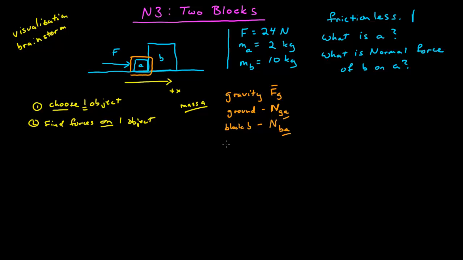I also have this pushing force that I call F; these are vectors, of course. What kind of force is that? Well, it's just a contact force like anything else. This is the sort of thing that shows up often in books, the disembodied force. I exert a force on block A. Well, what kind of force is that? It's just a contact force. They just haven't shown the object involved.